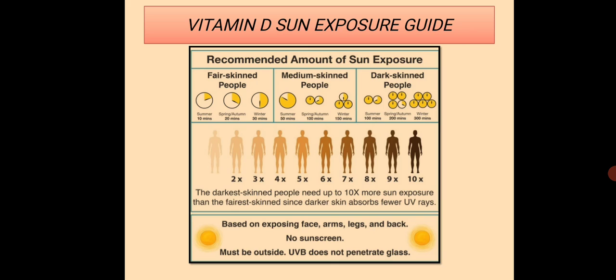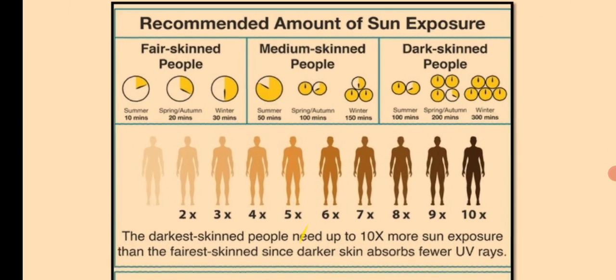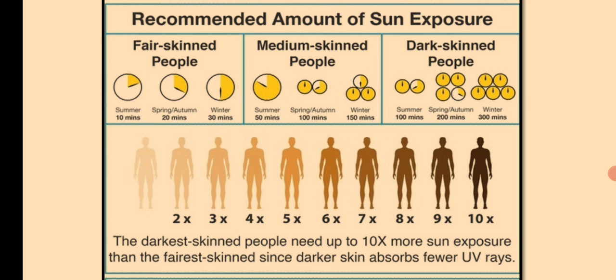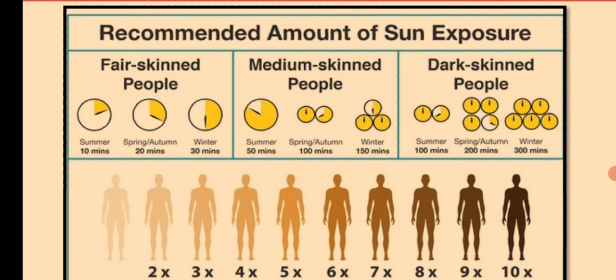Vitamin D sun exposure guide: how people should take vitamin D from the sun. Fair-skinned people should take sunshine for 10 minutes in summer, 20 minutes in spring or autumn, and 30 minutes in winter.